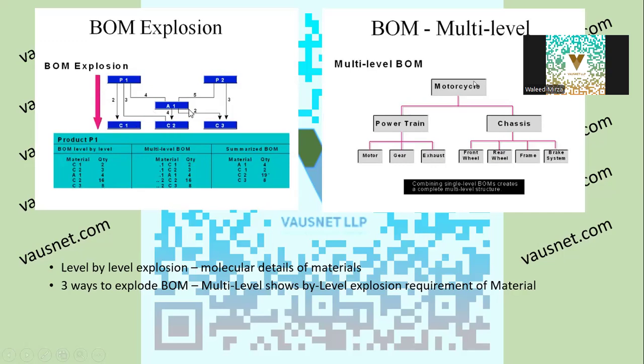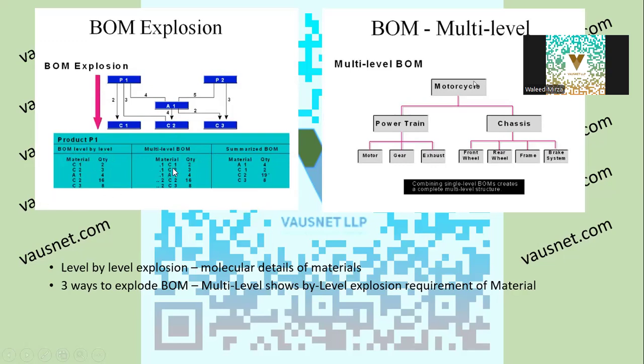You'll have to add this up. 4 plus 3, 7, 7 plus 2 is 9, 9 plus 5, 14. 14. Again, 2 is missing. Somewhere 2 must be somewhere around here. But that is basically to give you an idea how it is exploding. Okay. So BOM level by level, this is how it explodes.